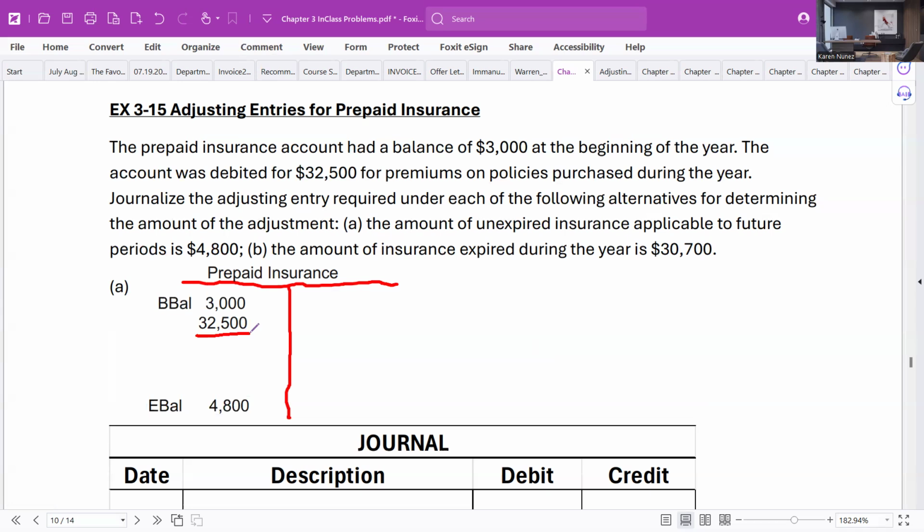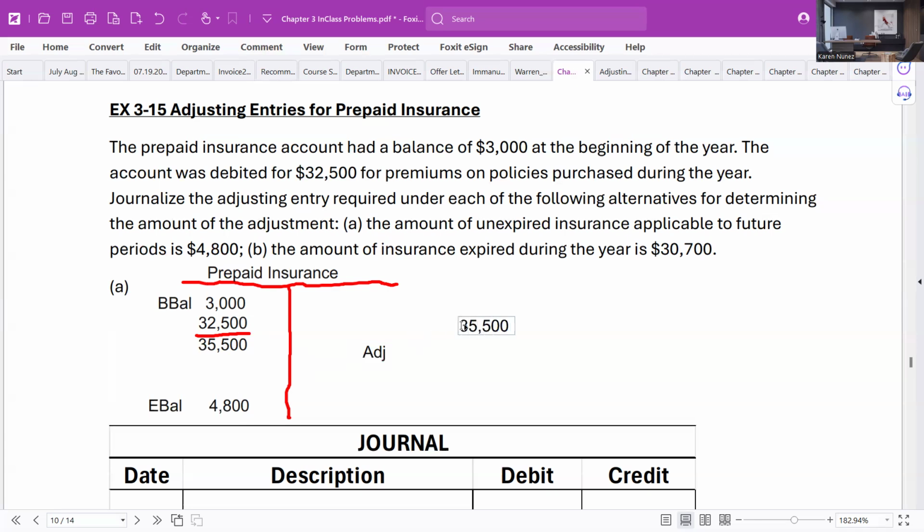This account technically has a balance of 35,500, right? After we started with 3,000 and then we debited another 32,500, we've got 35,500 in the account, but we need a balance of 4,800. So we need an adjustment to go from 35,500 to 4,800, right?